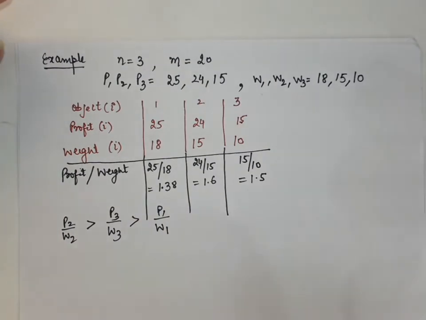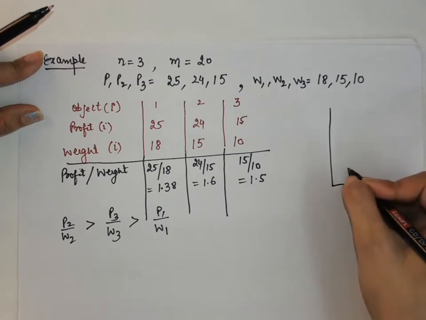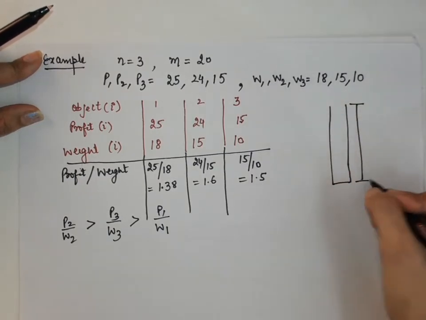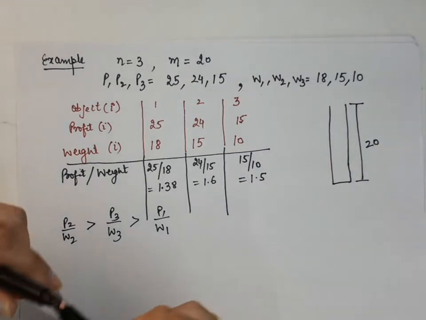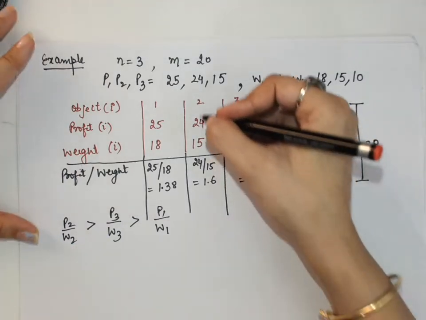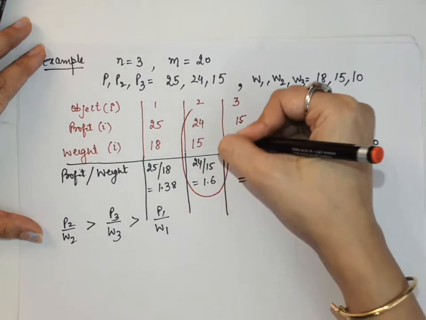Now I have to fill my knapsack and my goal is to achieve maximum profit, and knapsack capacity is also given here, that is equal to 20. So how will I fill? I'll consider the item that has maximum profit by weight value.